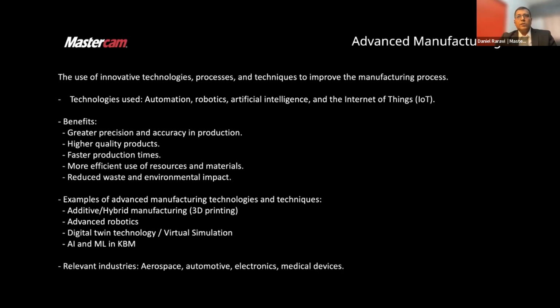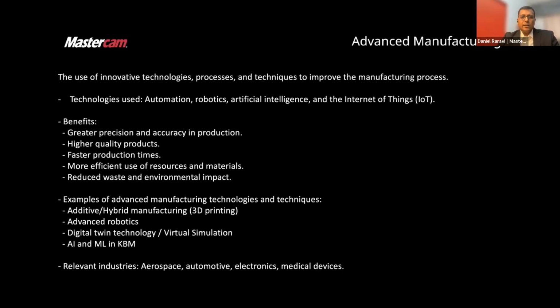Also, this topic looks at the digital twin, or what they call a cyber twin, a virtual model of a physical asset. And with newer horizon technologies, the use of artificial intelligence and machine learning in order to improve and further refine these processes to help in knowledge-based manufacturing, essentially.